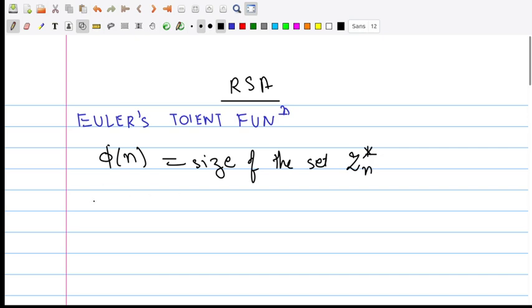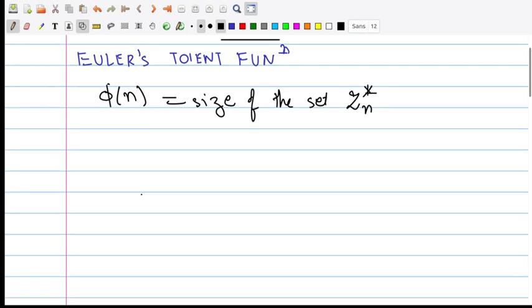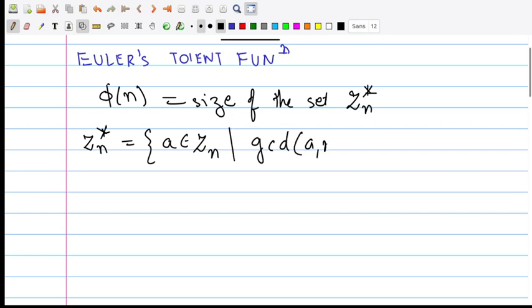Let us first understand what Zn star is. Zn star is defined as the set of A belonging to Zn, mind it, here there is no star, such that GCD of A and N is 1.